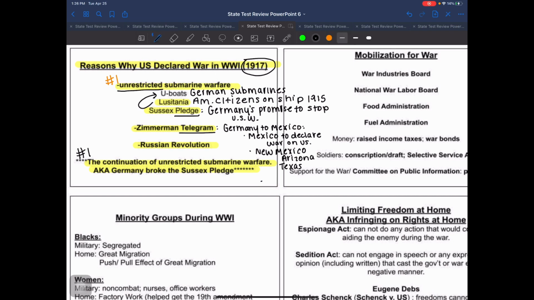Britain intercepts this message and gives it to the United States of America. All right? So before the message could ever even make it to Mexico, Britain intercepts it and kind of gives it to the United States.